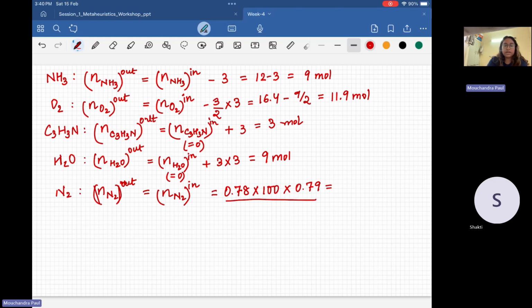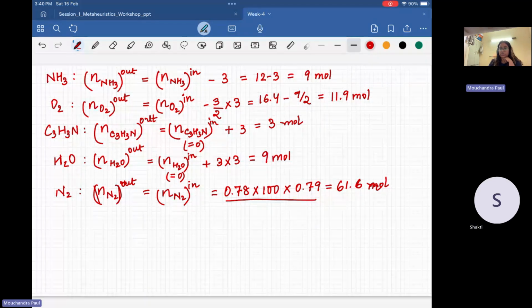If you solve this, you will get 61.6. Okay. So there you go. This is the complete composition of the product gas.